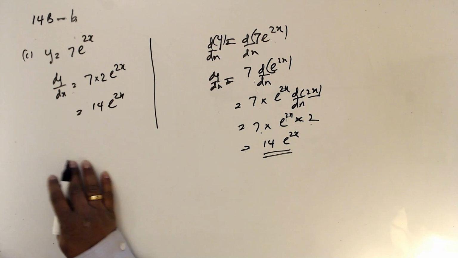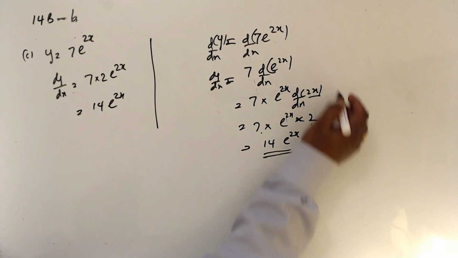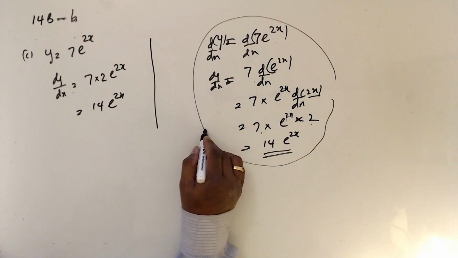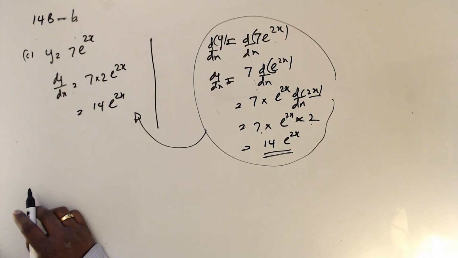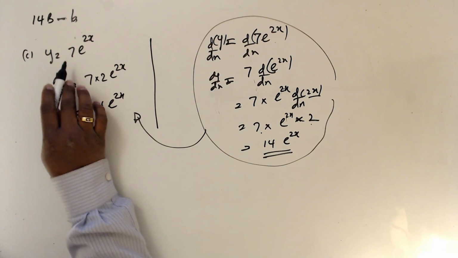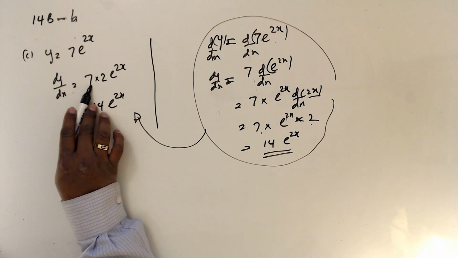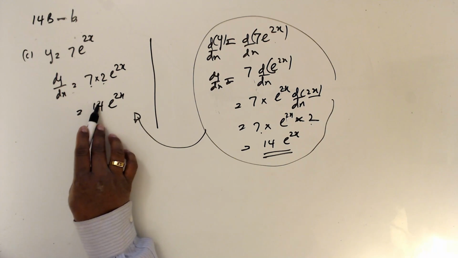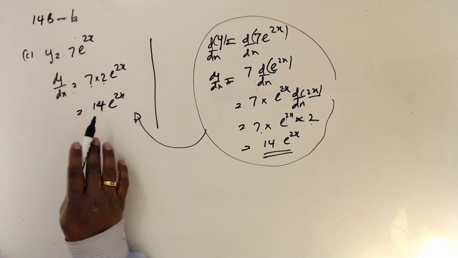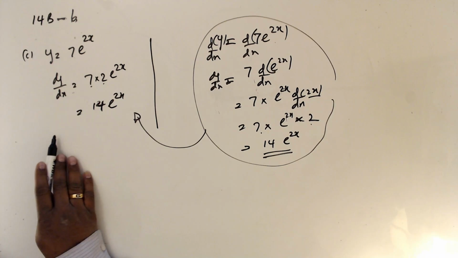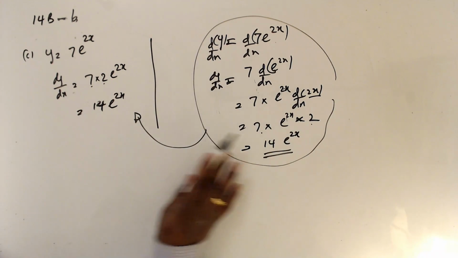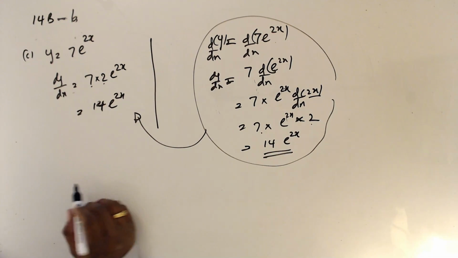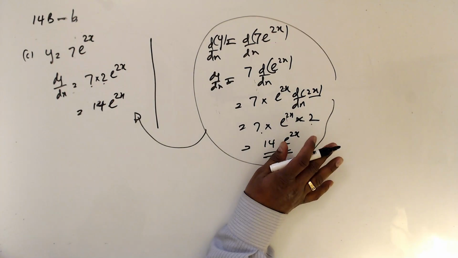This is really what is happening, but we write the answer like this by looking at it. When you see 7, okay, we don't do anything, so we bring 2 here and e^(2x). So by looking at the situation, we adjust it. But this is what is really going on. So don't worry about this one.